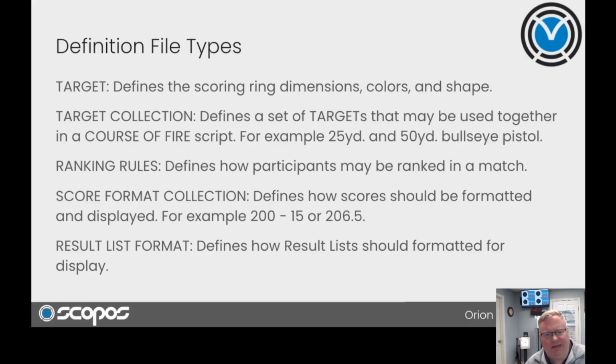The score format collection defines how to display the scores that an athlete or team shoots. We have different definitions for if you're ranking athletes by integer scoring or by decimal scoring. And then finally, the result list format defines how to display a result list.